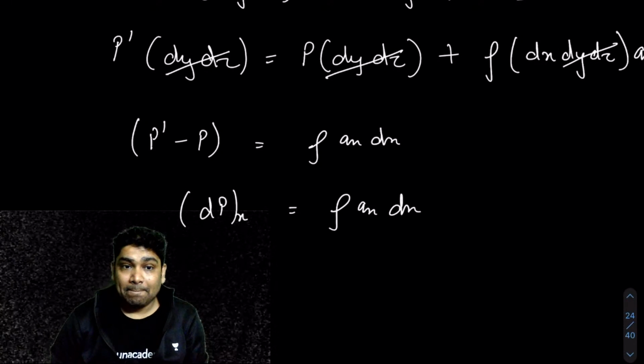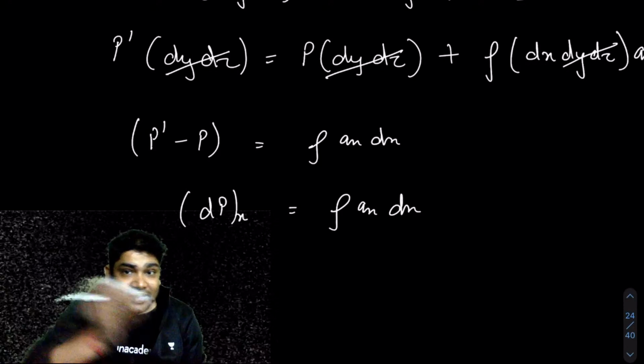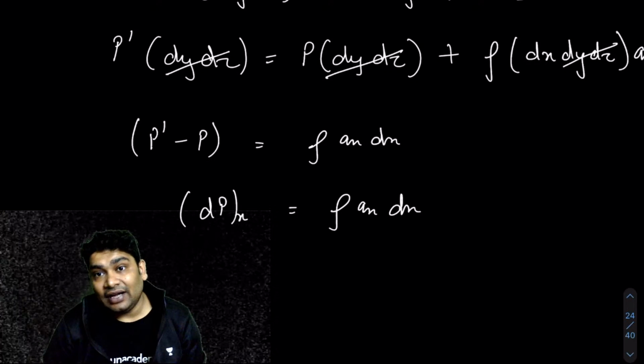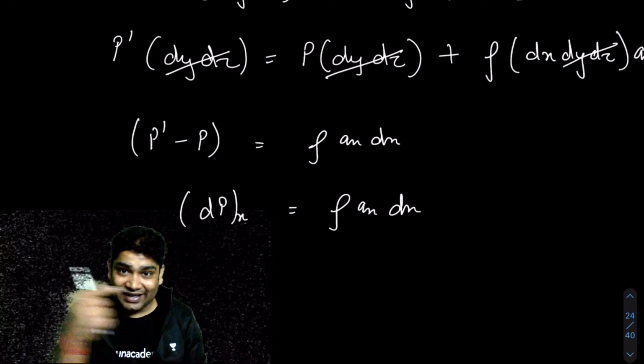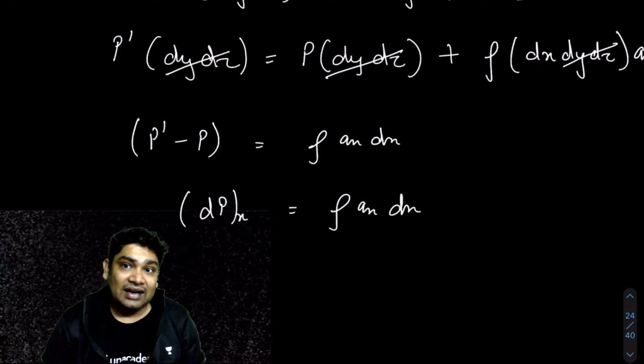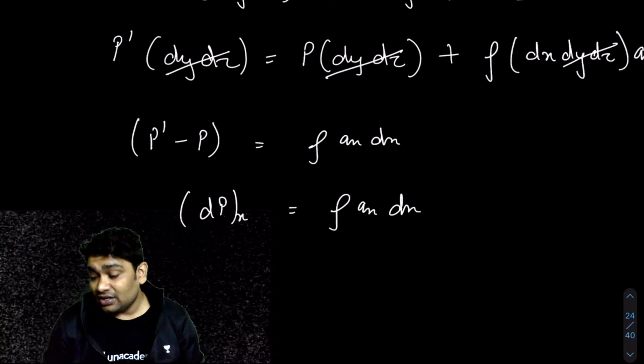Okay, got it. So when you move in the x direction, if you have a pseudo force acting in this direction, then in this direction the pressure would increase, and the increase in pressure would be like this.